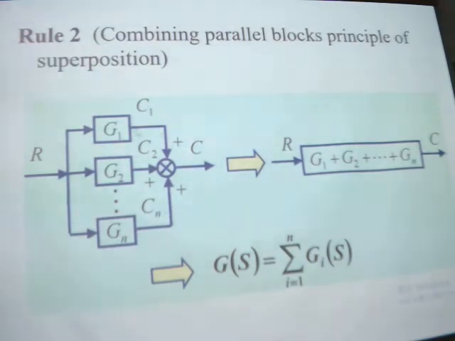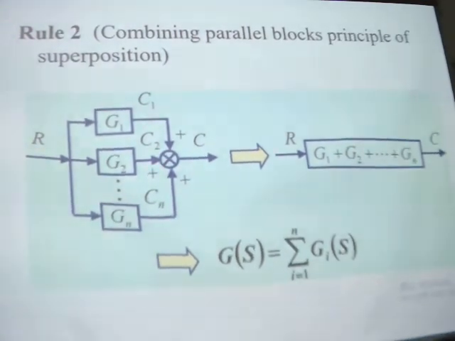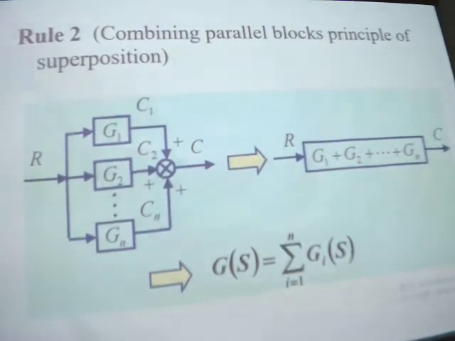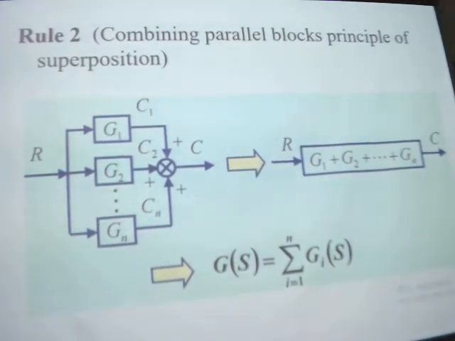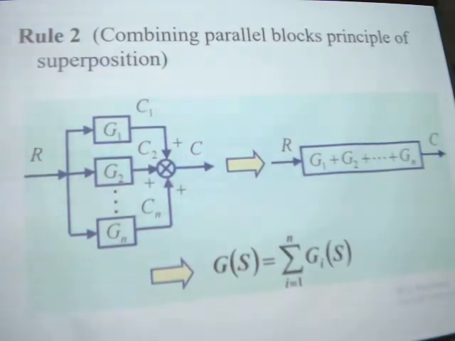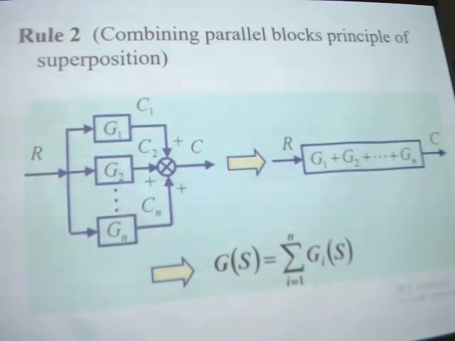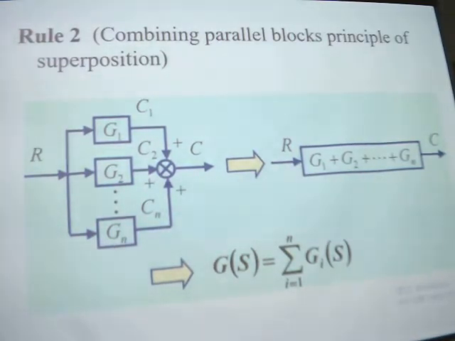Here the complex system is Z1 plus Z2 plus ... Zn, the sum of every transfer function. How do we give the result?